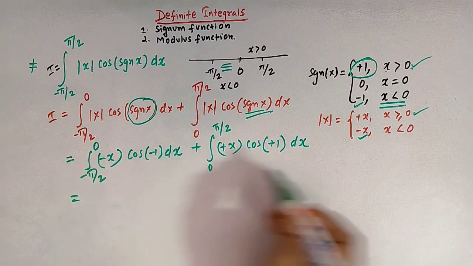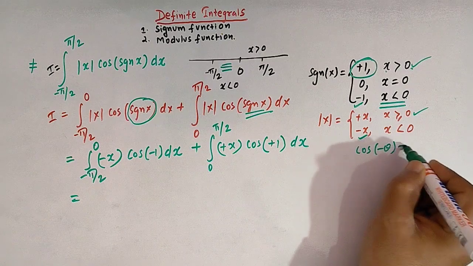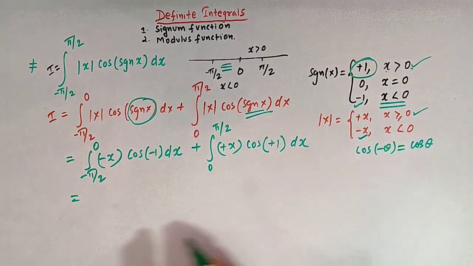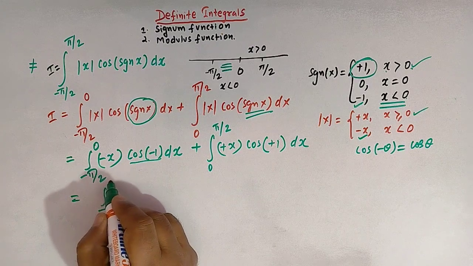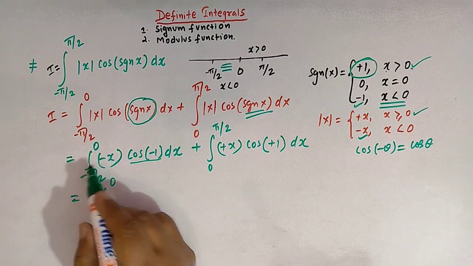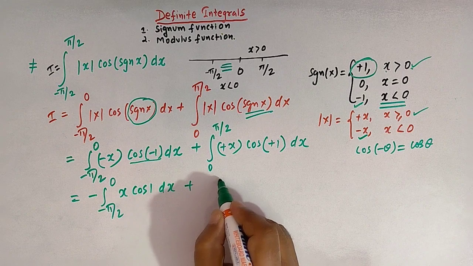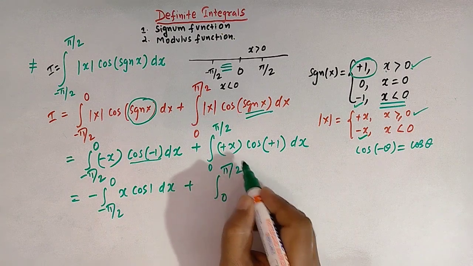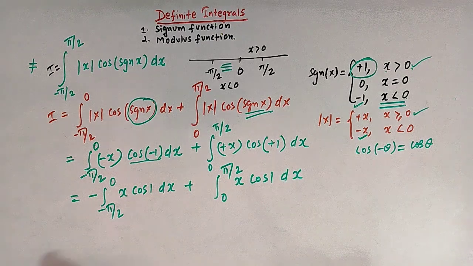So now from trigonometry we know that cos of minus theta is simply cos of theta. So here we have the integral from minus pi by 2 to 0, and we have this negative sign outside the integral, of x cos 1 dx. Here we have 0 to pi by 2 of x cos 1 dx, right?